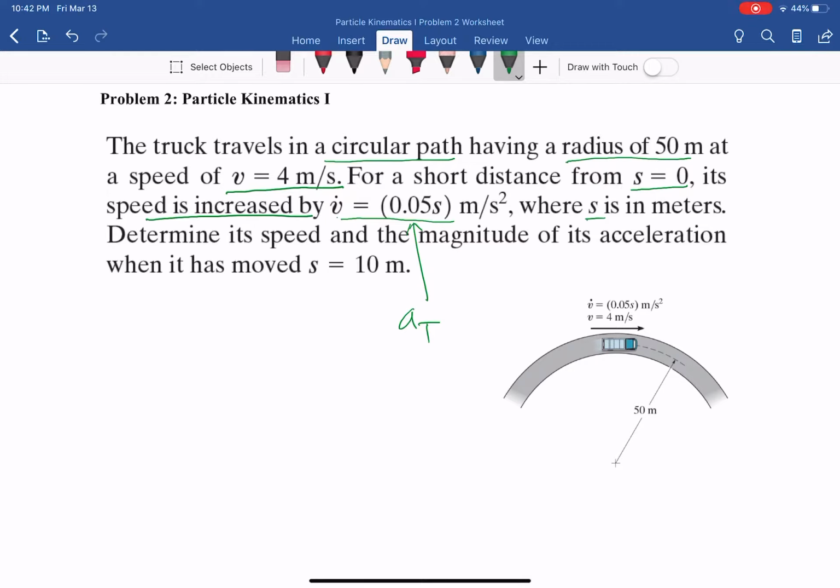And the question is to determine the speed. Basically, speed is the magnitude of velocity, and the magnitude of acceleration after it has moved s, the distance moved 10 meter.